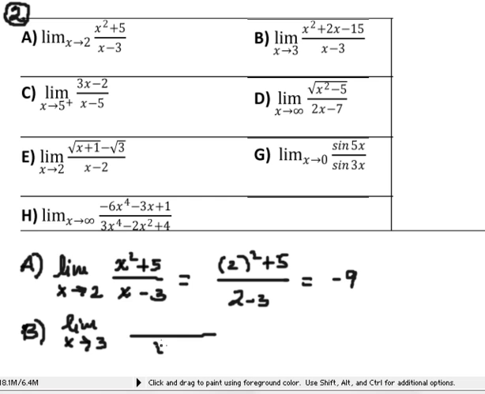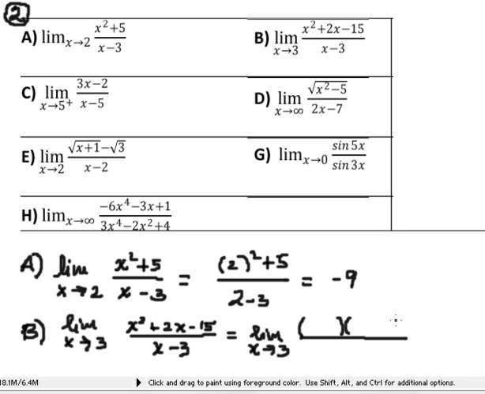The denominator is x minus 3, so we have 3 minus 3 when we substitute in 3, so we can't just substitute in. But we have another limit rule that says that after we reduce, if the denominator is no longer 0, then we can substitute in. So let's see if we can reduce.